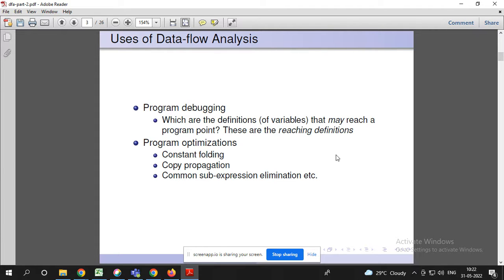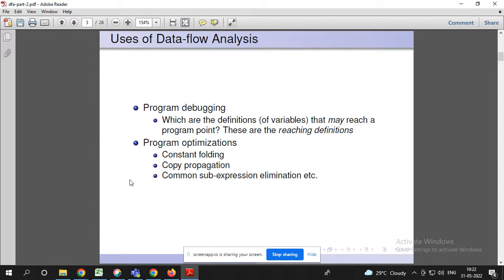From program point 1, what variables reach program point 2? And from program point 2, what variables and definitions reach program point 3? We have to analyze it. Through this analysis we can easily debug. Suppose a variable or value does not reach from P2 to P3; we can easily find where the problem occurs. So it is called reaching definitions.